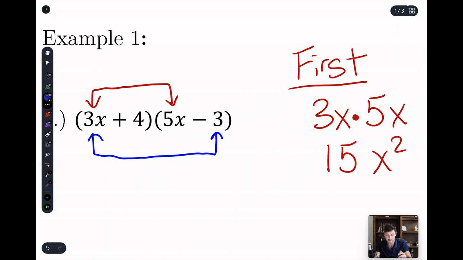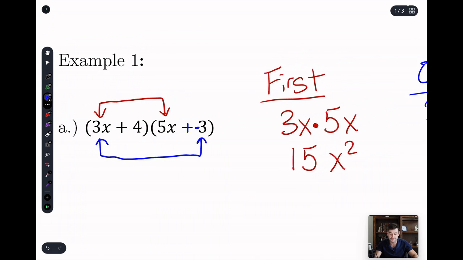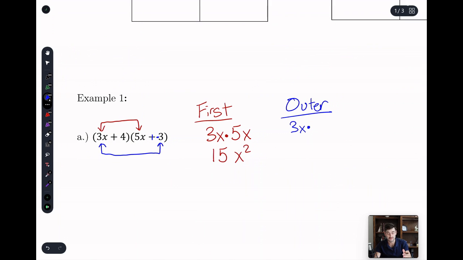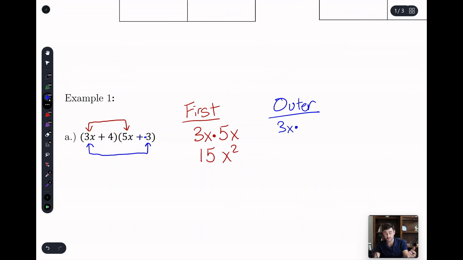If we zoom in real big, I like to do this a lot because it helps me remember which term to bring to the FOIL. You can rewrite minus 3 as plus negative 3, right? So 5x minus 3 and 5x plus negative 3 are the same thing. It's taking 3 away from 5x, either way you say it. So now we know which term to FOIL.